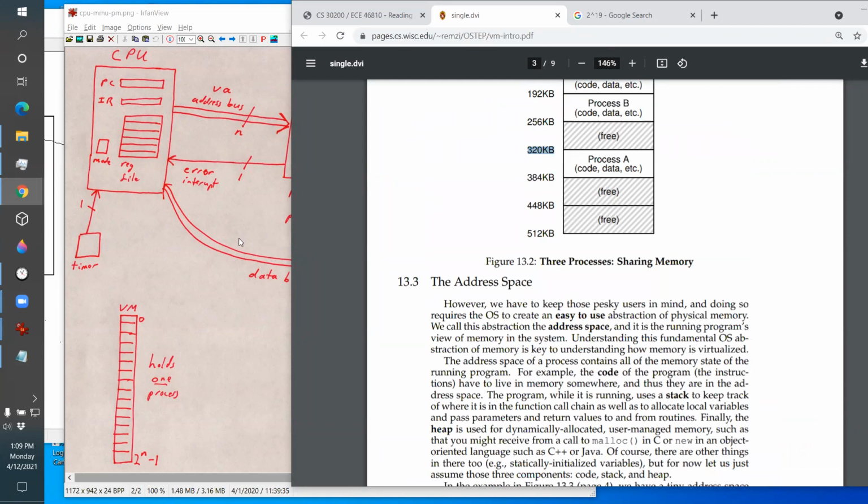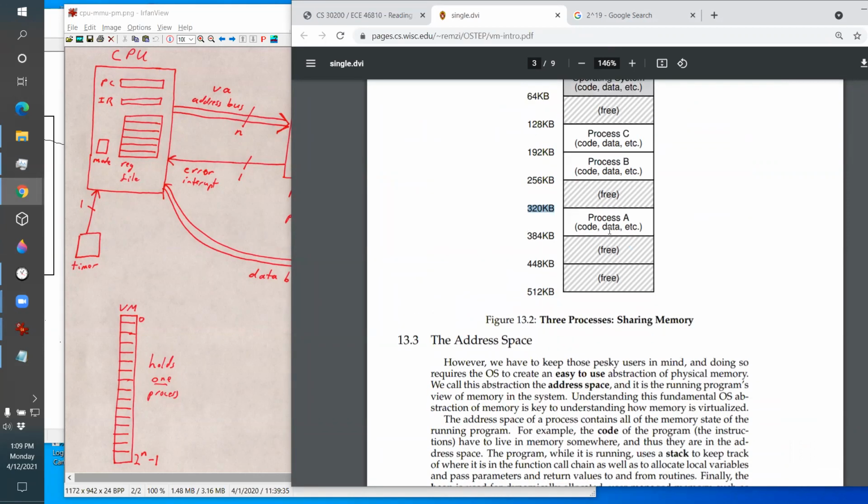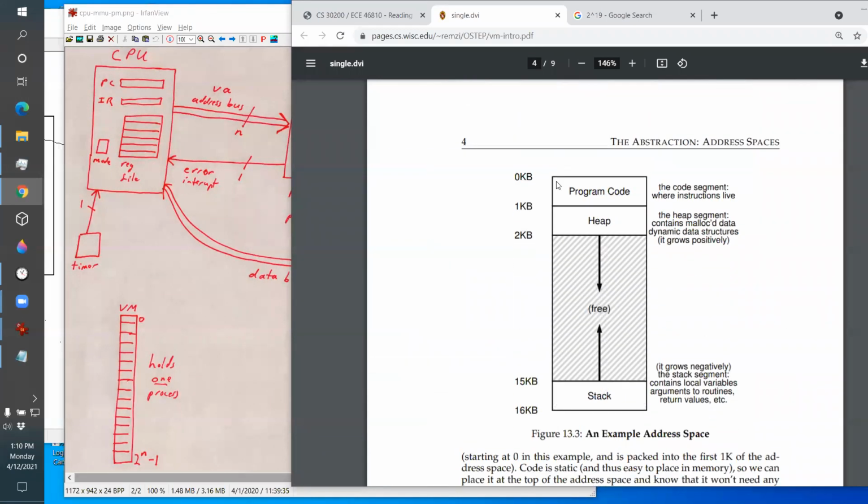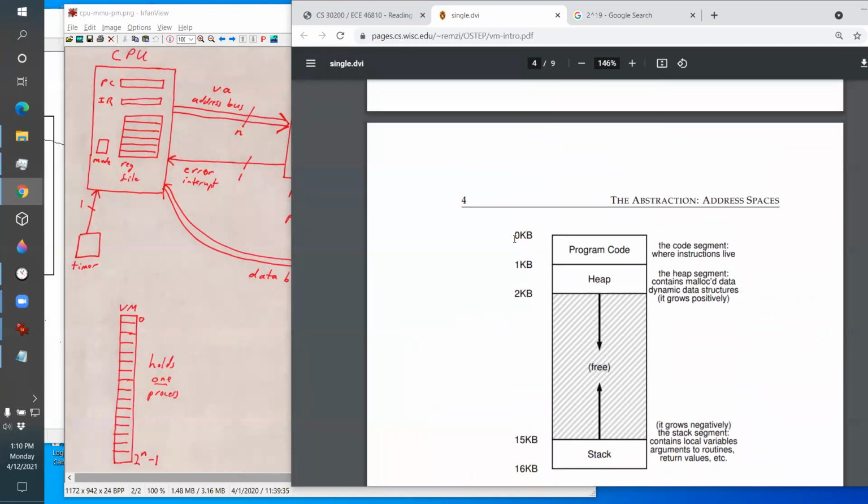When there's a context switch and you switch from process A to process B, when the CPU is running process B in user mode and wants to execute the first instruction in that process, it again uses address 0.